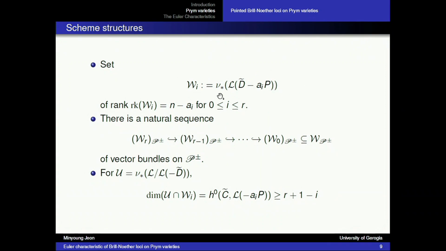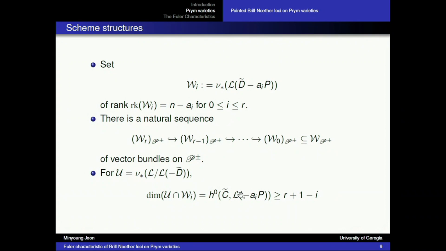Given this setup, we can make an isotropic flag inside the ambient space, and then the dimension condition on the pointed Brill-Noether locus becomes the intersection of the maximal isotropic subbundle with the isotropic flag, like this.